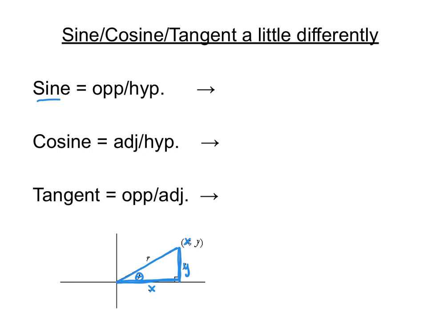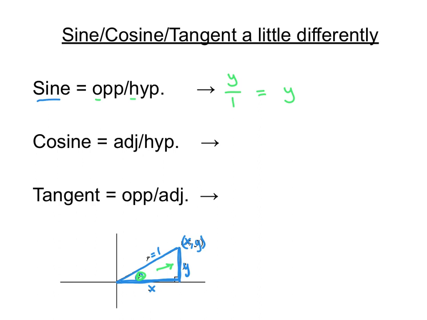And that gave us our coordinates of x comma y. We also know we have a radius on the unit circle that's equal to 1. So if we go from theta right here and we do the opposite over hypotenuse, the opposite is the y and the hypotenuse is equal to 1. And if we simplify this, this is equal to y.